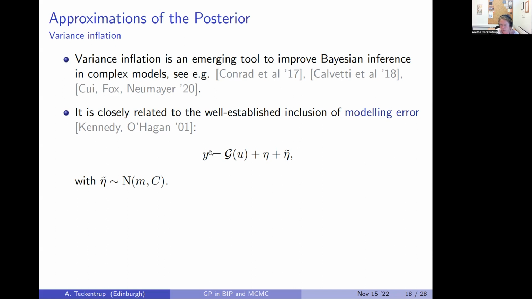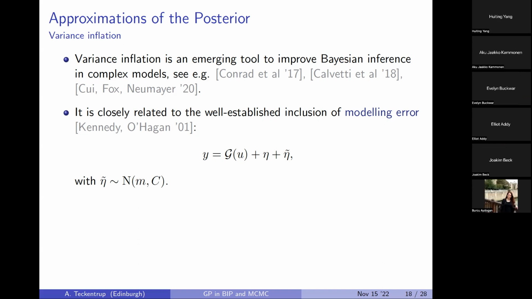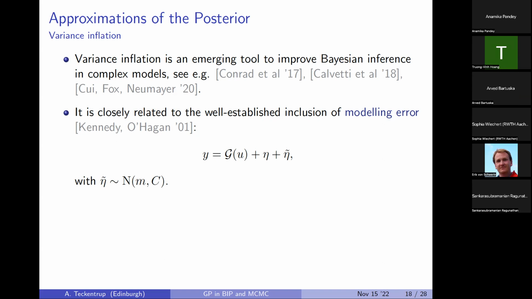You would assume that the observed data, again, comes from your observation rate, G of U, plus the observational noise. So this is the expression that we had earlier. And what you're now doing is adding another term, eta tilde, onto it, which is supposed to represent modeling error. So this is supposed to model the difference between the real world and your mathematical model.